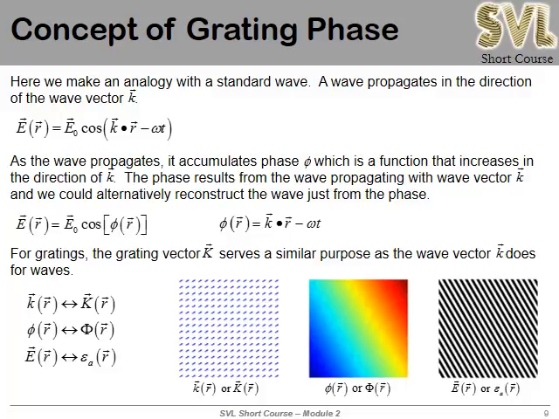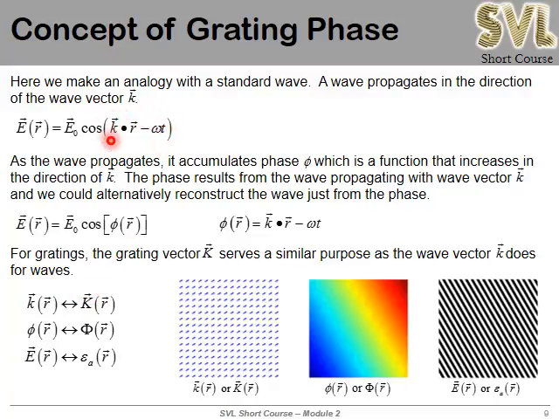Wave vector, perpendicular to planes of equal phase, magnitude 2 pi divided by the wavelength. So they're defined similarly. So the lowercase k and capital K will make an analogy, and we will connect those. And so we'll say our wave to grating analogy, little k has the role of big K.